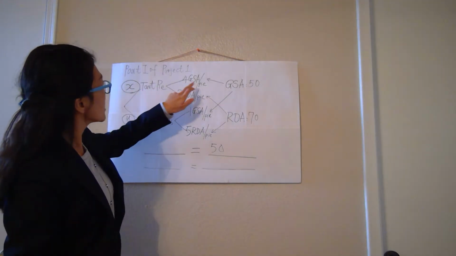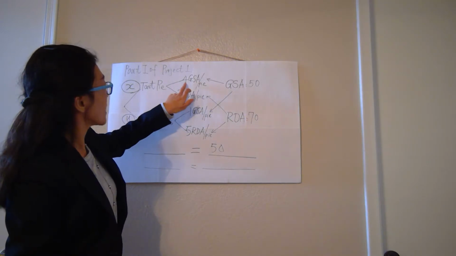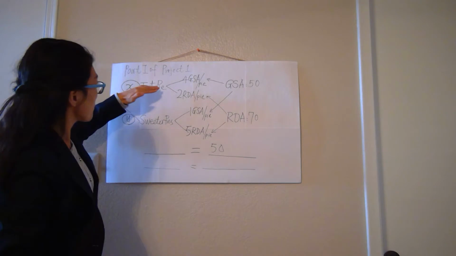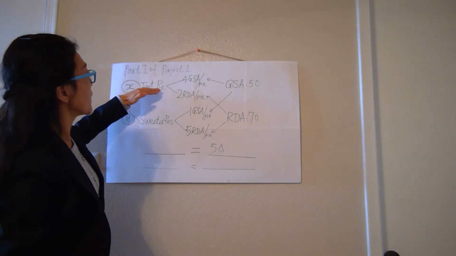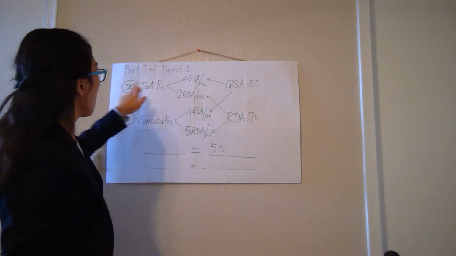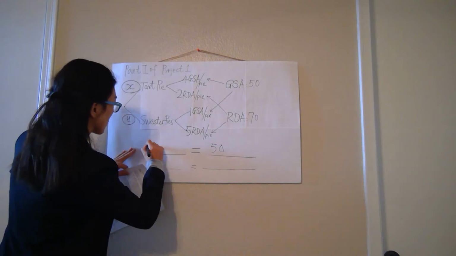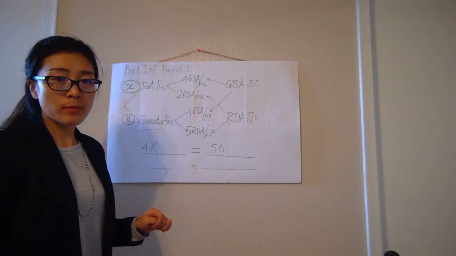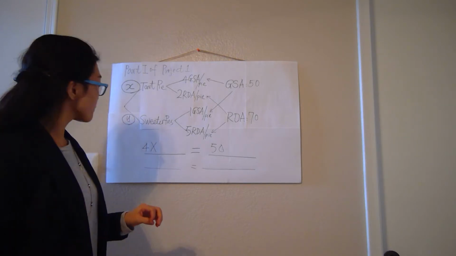Each tart pie takes 4 Granny Smith apples, so X tart pies will take 4X apples.